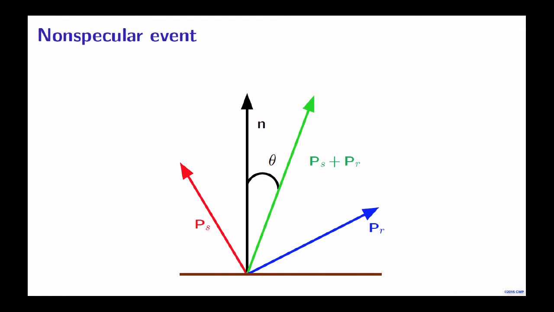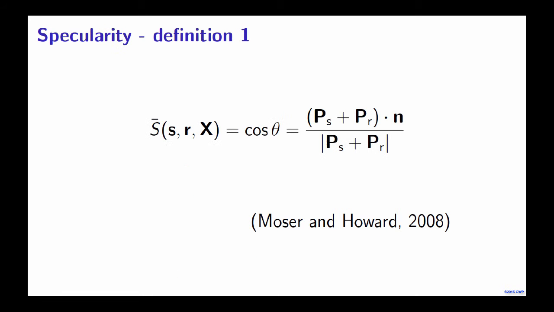If it's not a specular event, it's a non-specular event, then this sum will deviate from the normal. And the theta here is the angle of deviation from the normal. So Moser and Howard proposed to measure this deviation of events from the Snell's law as cosine of this angle of deviation, which in terms of slownesses is on the slides.